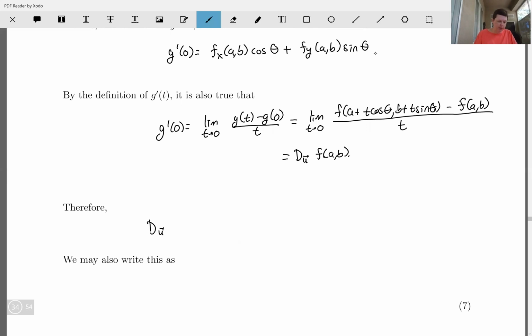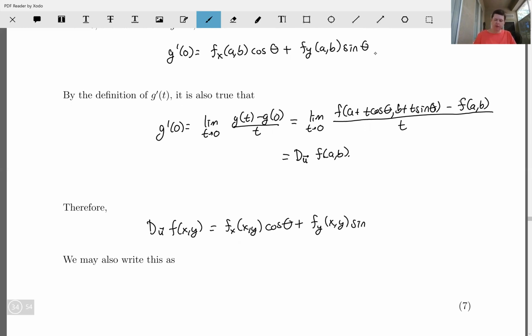Therefore, we can write the directional derivative of f at any point in the direction u as the partial of f with respect to x times cosine theta plus the partial of f with respect to y times sine theta.